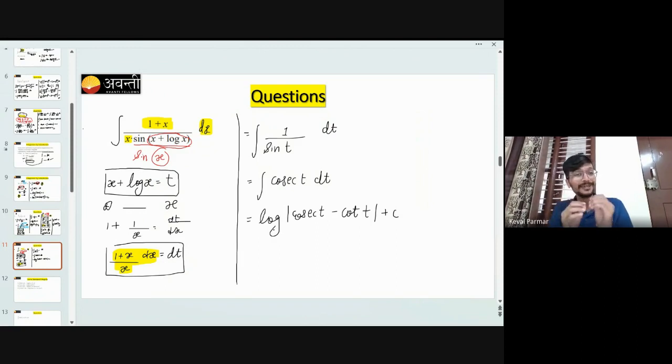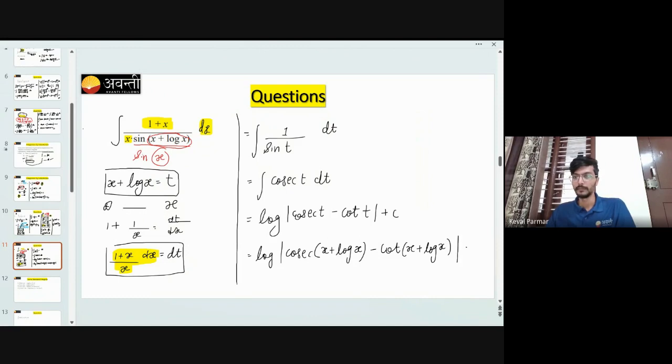We need to resubstitute. So in place of t, I need to write x plus log x. That means log of cosec of x plus log x minus cot of x plus log x plus c. This is my answer.